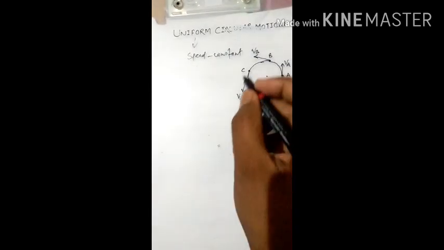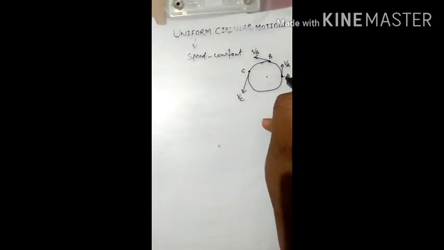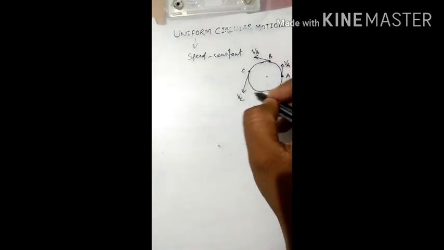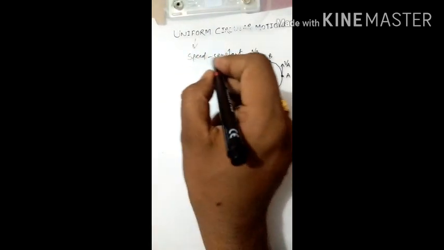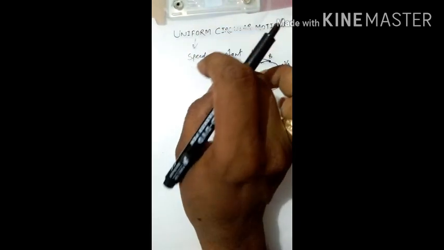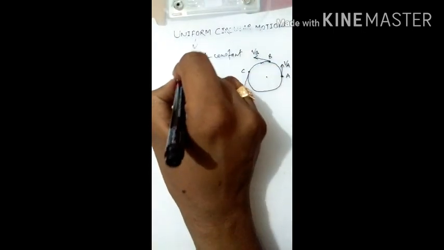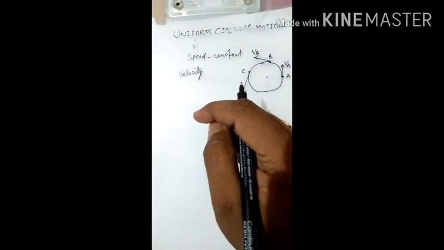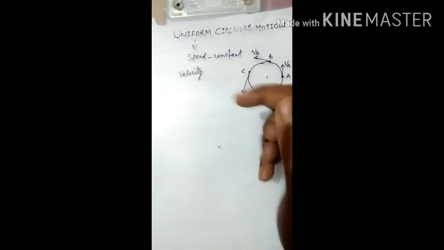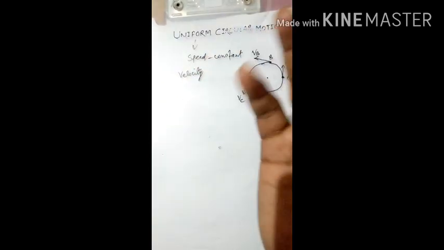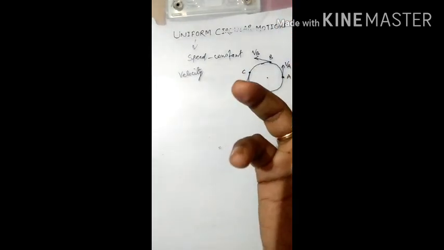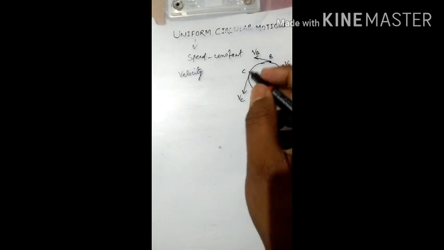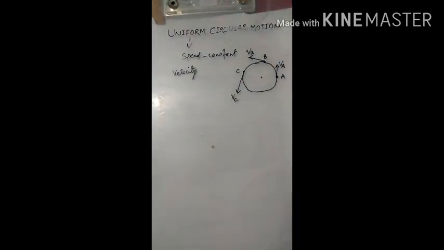As we have seen, the direction of velocity continuously changes with time, so in uniform circular motion the speed is constant, but velocity is not constant. It changes continuously with time, because velocity is a vector quantity and depends on the direction of motion of the particle, which is continuously changing on the circular path.